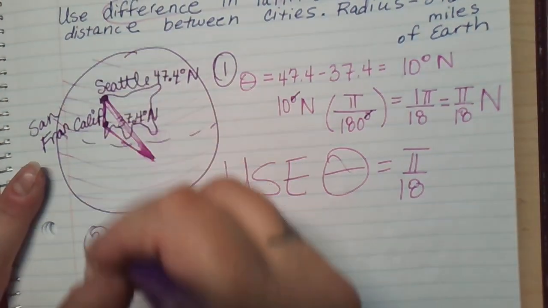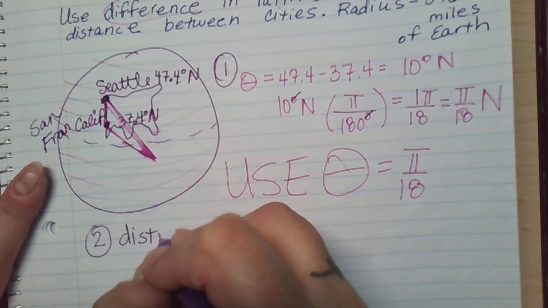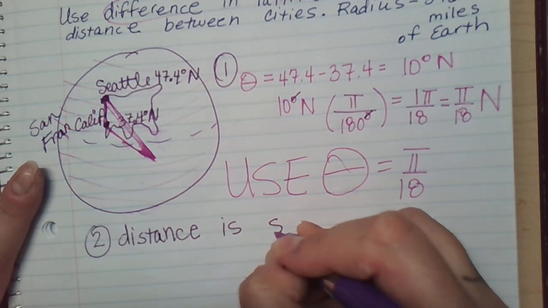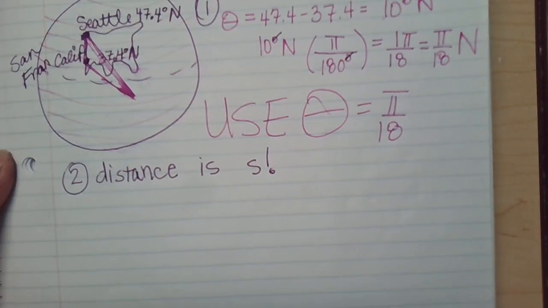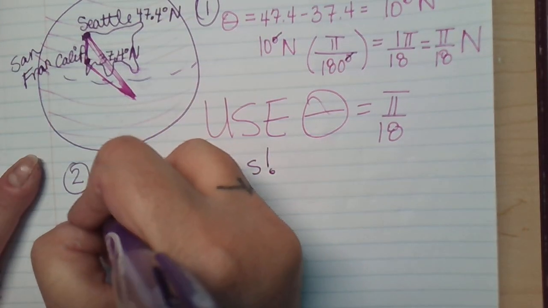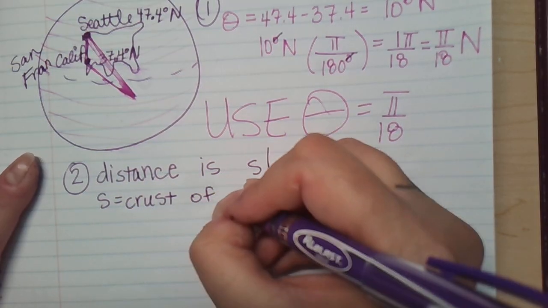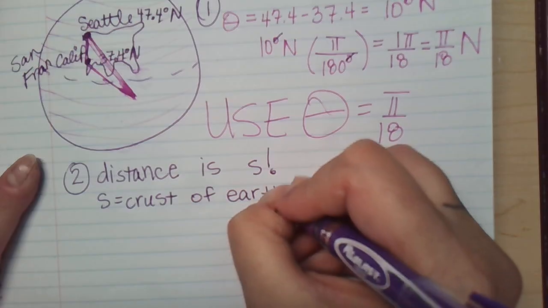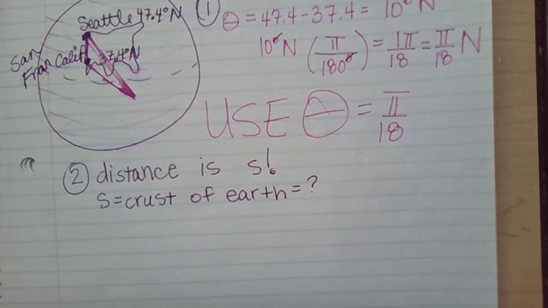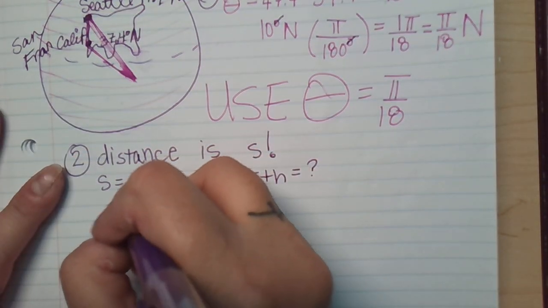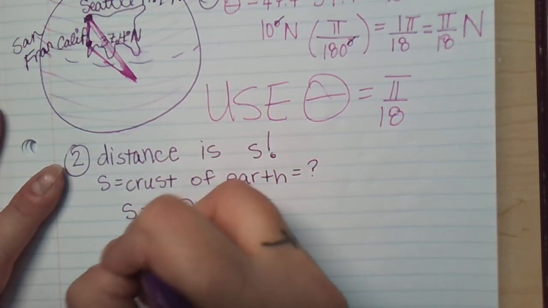Okay, so the distance between the cities is the S from S equals R theta. It's like the crust of the Earth. And we don't know how long that crust of the Earth is, or the distance that we have to travel. However, we do know S equals R theta.